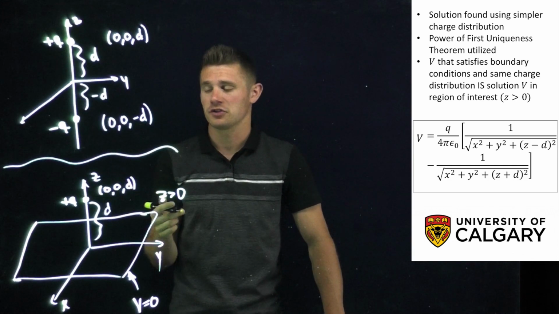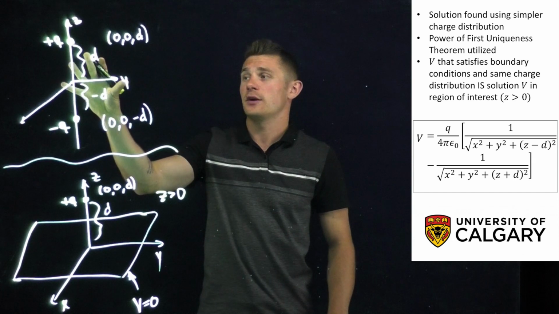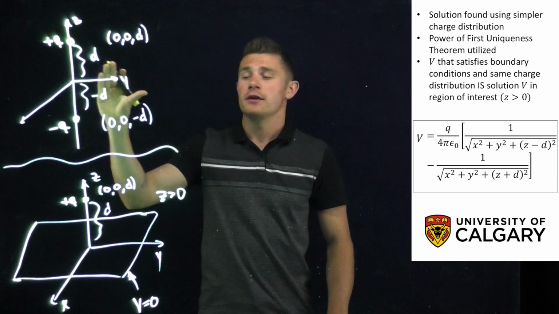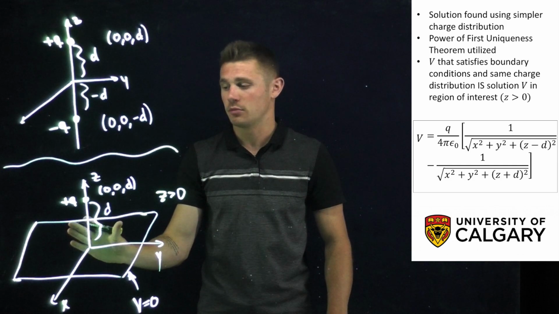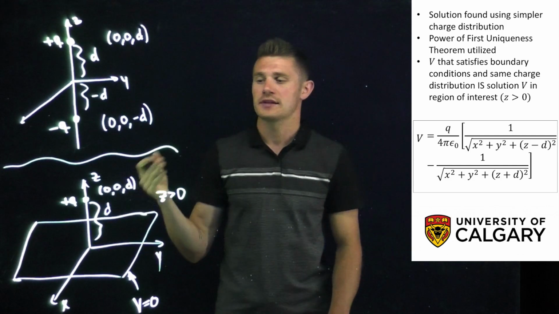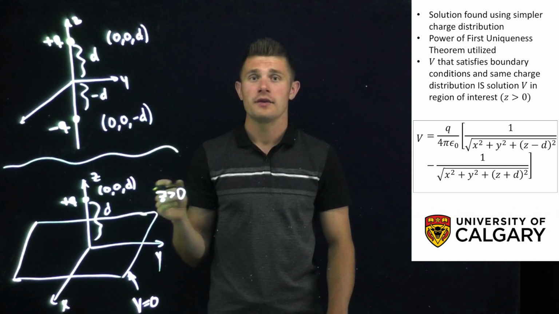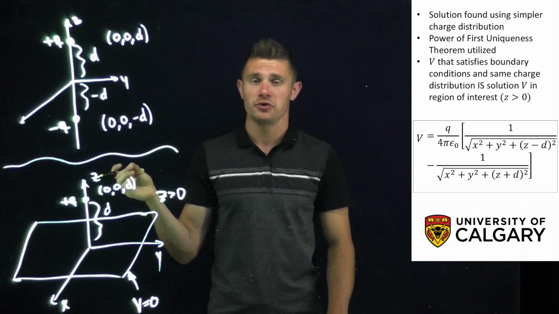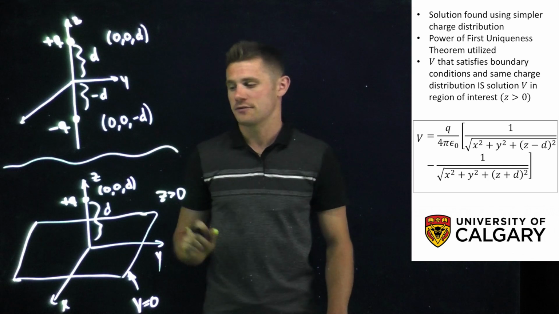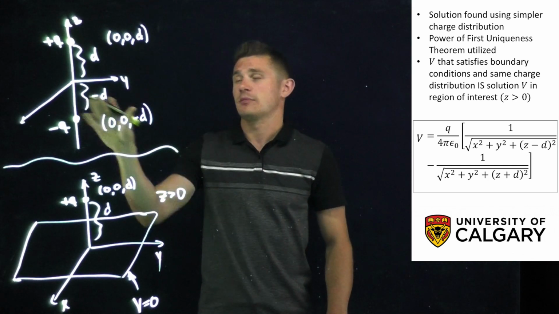And that, in conjunction with the fact that our potential V that we found for this setup above satisfies both boundary conditions set out by this problem below, means that because of the first uniqueness theorem, this potential that satisfies both boundary conditions and the same charge distribution will be the same potential as for the setup below, but found by a simpler method.